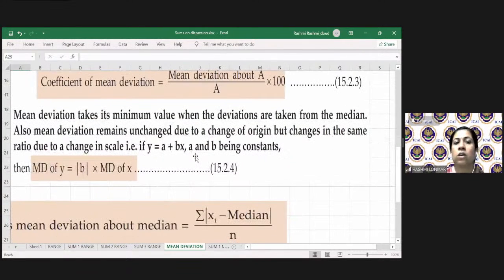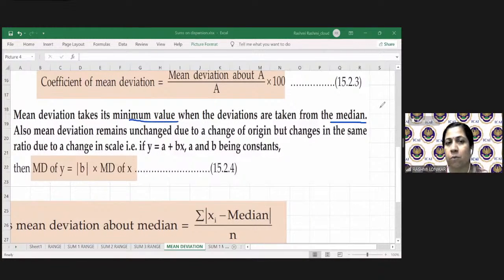There is one important theoretical point, that is, mean deviation takes its minimum value when the deviations are taken from the median. They may ask you this question whether this is true or false.